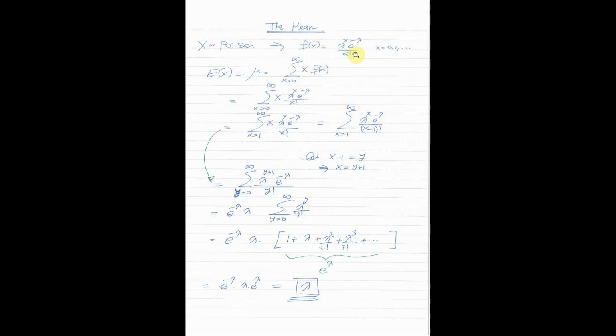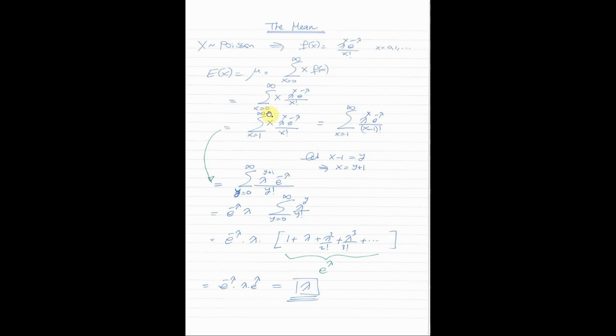It is given by this formula, lambda to the power of x, e to the power of minus lambda over x factorial. So when we substitute, it becomes a summation from 0 to infinity of x times the Poisson expression. Now let me do a simple trick which is really useful in this proof. I will talk about this proof briefly. I will not skip it. I will actually talk about it this time.